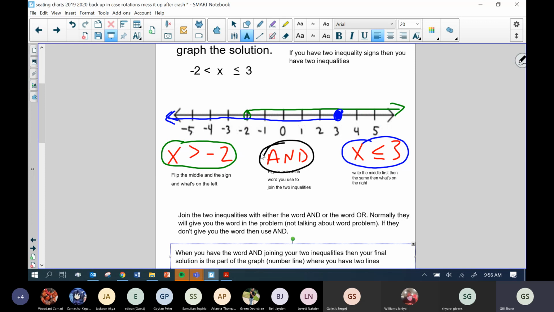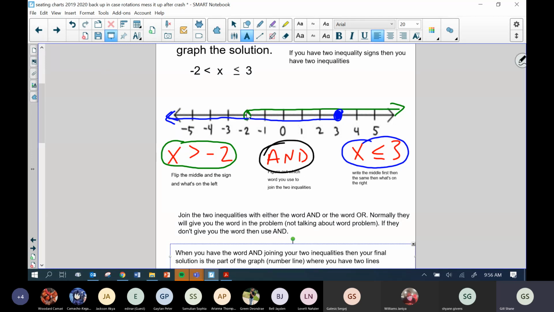So if it has to be both rules, then the only place we have both rules is wherever we have both lines. Or if you see a closed circle in a line, then that number counts also. So in this case, 3 counts. -2 does not count because we have an open circle, which means technically we don't have anything right on the -2. Even though we have blue down here, we don't have green right on the -2.